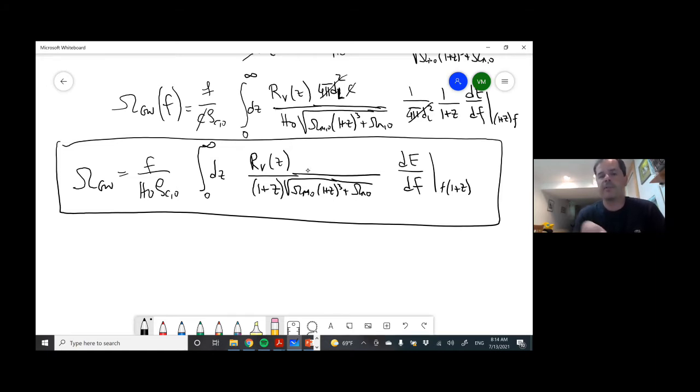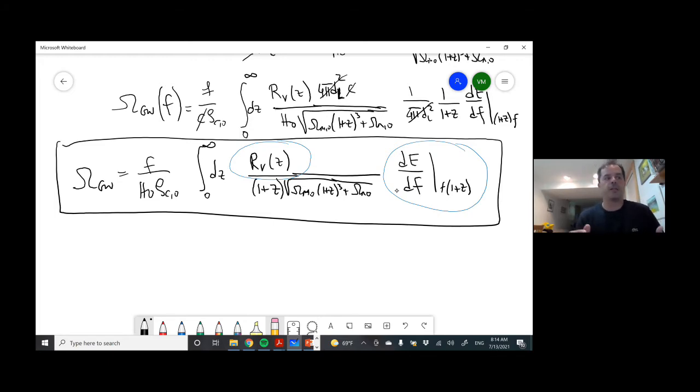So really what's left is, and maybe I'll box this up with a different color, these last two terms. We need to know the rate of whatever sources we're dealing with per co-moving volume. So this will be the number of, let's say, black hole binaries per megaparsec cubed per year or something like that. And we need to know dE/df, which is the actual energy per unit frequency emitted by each of our sources.